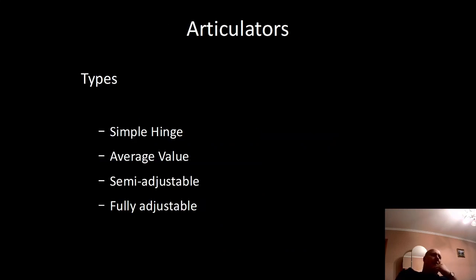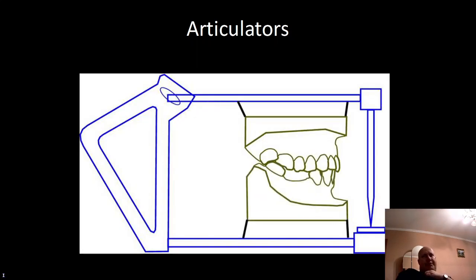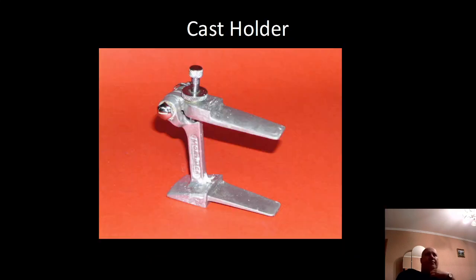Here are four types of articulators: simple hinge, average value, semi-adjustable, and fully adjustable. You can see this one. Cast holder, this is the most simple.